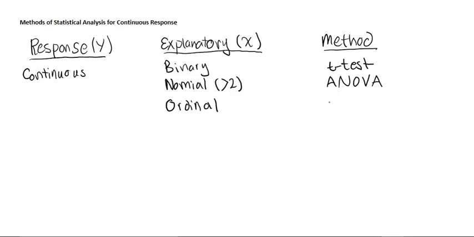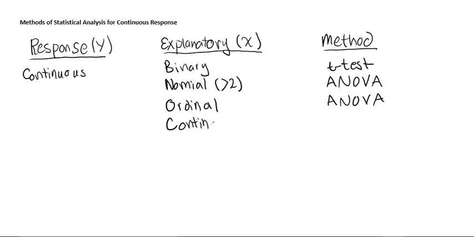So for ordinal, we would also be looking at ANOVA. And all three, binary, nominal, and ordinal, are considered categorical variables, which leaves us to continuous.